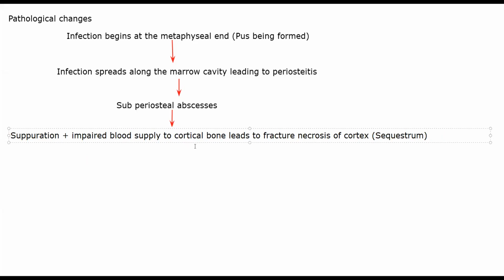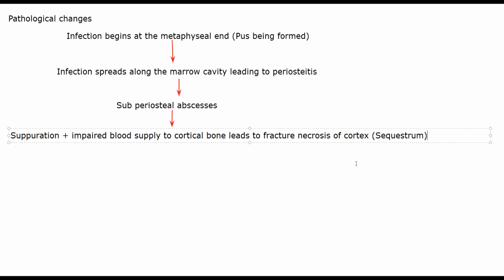Okay. Now, as this suppuration continues, as time goes by, to surround the whole of the sequestrum, a new sheet of bone is formed. Okay, underneath your periosteum, a new bone sheet will start being formed, and that will be present over the infected bone. So it will literally envelop the infected part of the bone. So there is the periosteum, inside it subperiosteal abscesses start, inside that you have pus being collected.